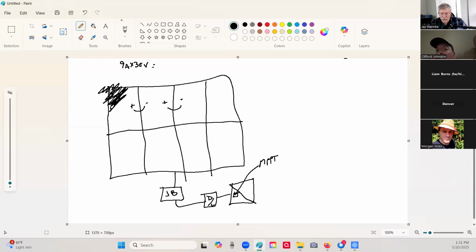So 9 times 30, 270 watts. So if everything was happy, each of these panels would be generating 270 watts. We have 8 of them, so our whole array would be generating 2,160 watts.